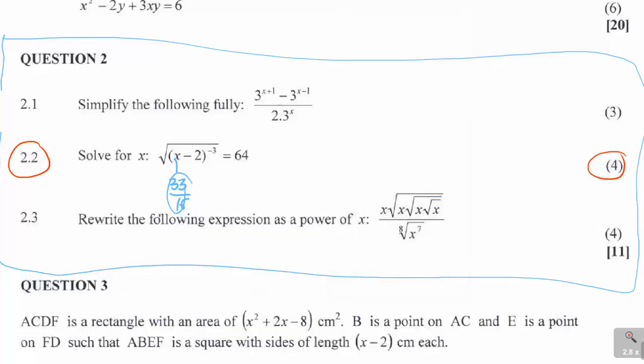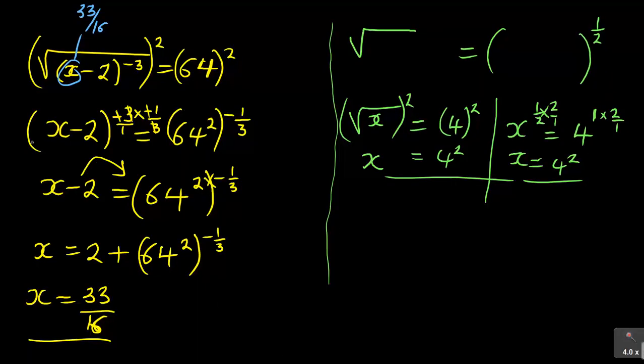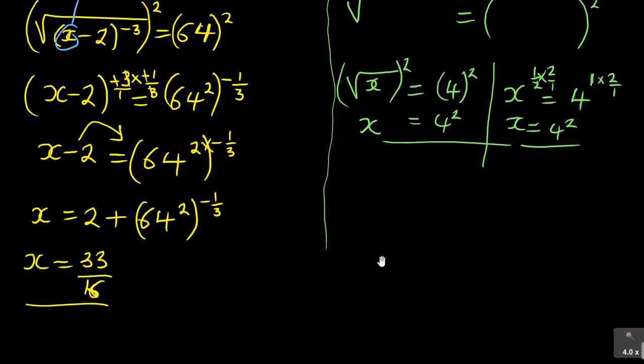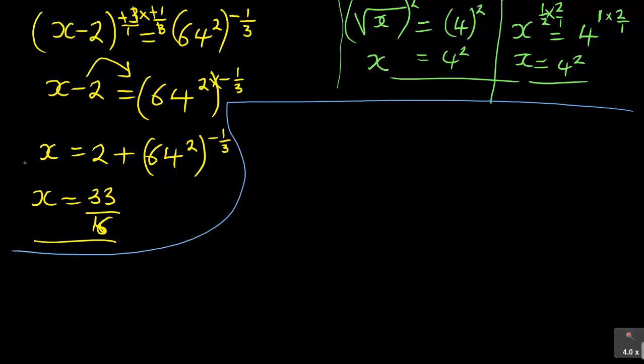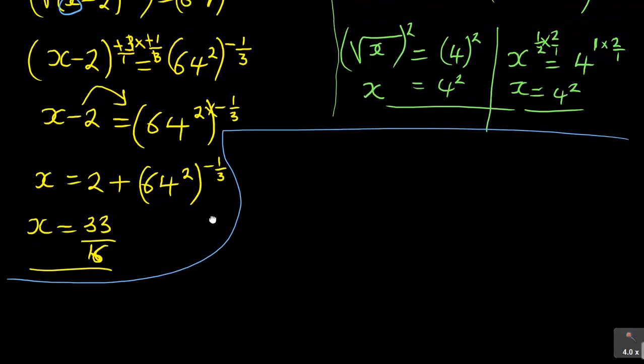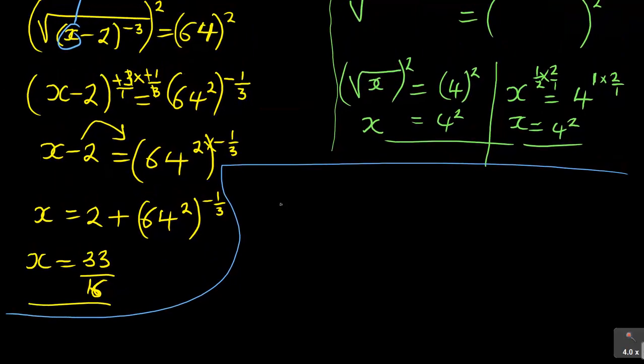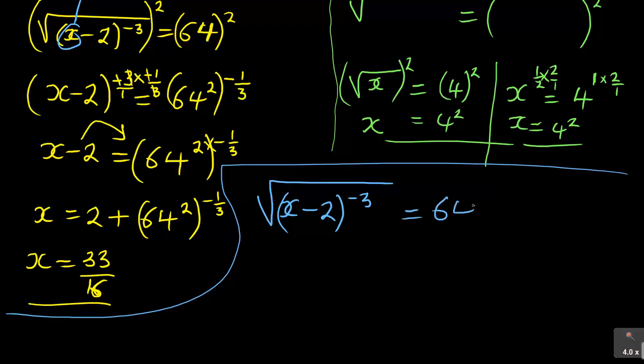So that is fine. But now, what if you were saying, okay, this is fine, but suppose they say don't use a calculator. Now, are you stranded? The answer is no. Now, if I can write this again, it was square root of x minus 2 to the power negative 3 is equal to 64, without using the calculator now.